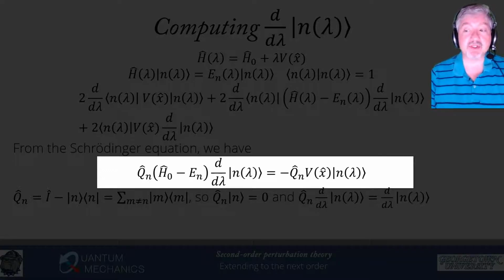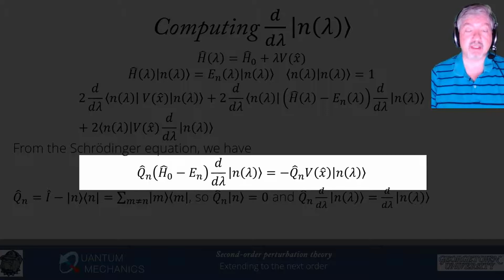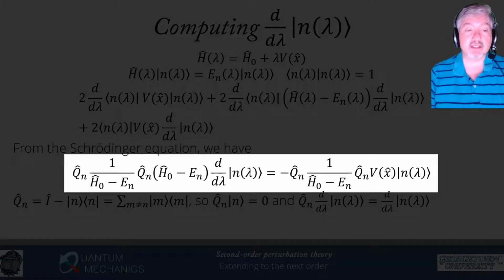But the Qn projects me perpendicular to that space. So in the reduced subspace, that's one dimension smaller in the Hilbert space, I can invert that operator, Qn (h0 minus en). So I'm going to formally assume that I have the inversion of that operator, which I'm going to just write as Qn times 1 over h0 minus en.